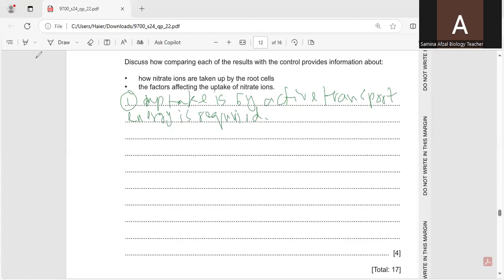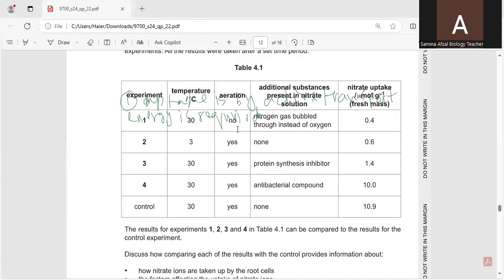If we compare any of the experiments with the control experiment, you can say that oxygen was not required in one case, or in the other, oxygen was required. In the first experiment there was no oxygen, whereas in all other experiments oxygen was provided.